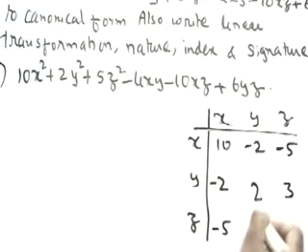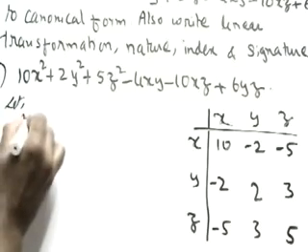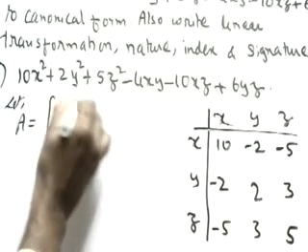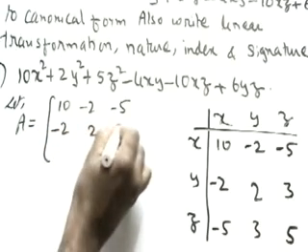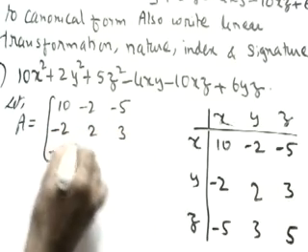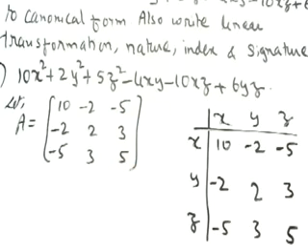Lastly, yz is 6, reduce to half, 3, 3. So this is the matrix A: 10 minus 2 minus 5, minus 2 2 3, minus 5 3 5.